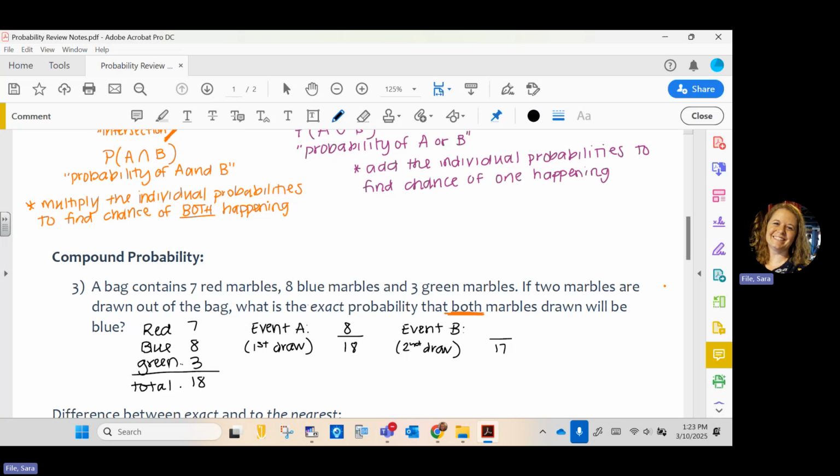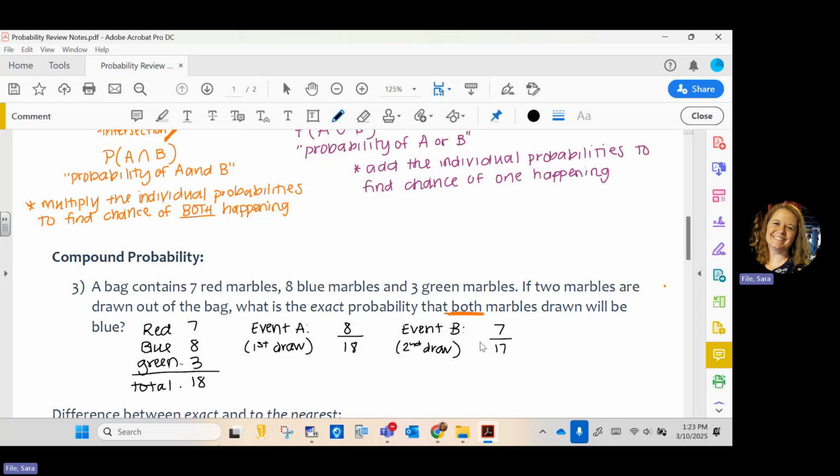If the first one that I picked was blue, how many blue are left in the bag? There's only 7 blue ones left. So event B is dependent on event A already having happened. When we do compound probability, those are things you have to think about. We already drew a marble out, so now there's only 17, and the first one was blue, so now there's only 7. So there was an 8 in 18 probability of the first draw being blue, and then a 7 in 17 probability of the second one being blue, given that the first one was blue.